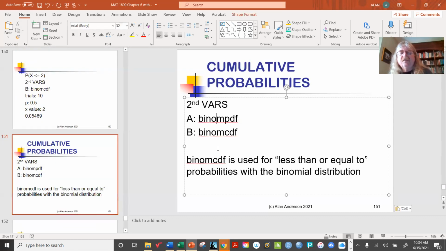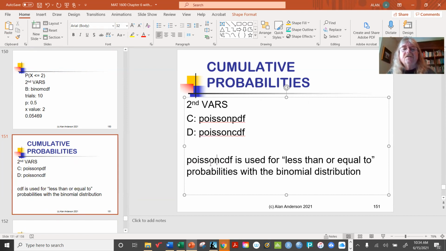So this time, the letters that you're looking for are C and D. Letter C is Poisson PDF, what we've been using. And then letter D is Poisson CDF. And of course, Poisson CDF, as you can imagine, is used for less than or equal to probabilities with the Poisson distribution. Again, you'll save it only for special occasions.